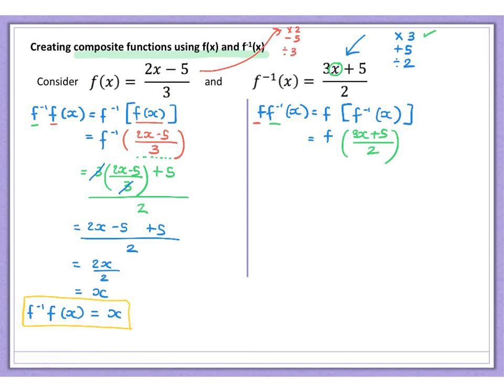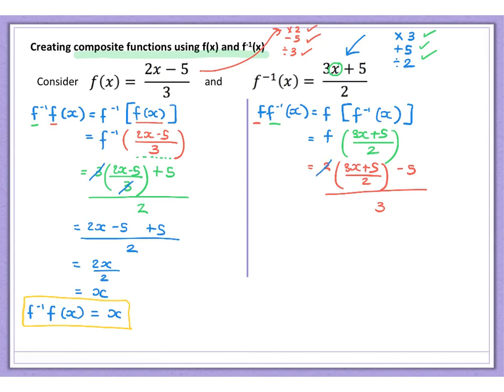So let's follow through all those steps. So multiplying this input (3x + 5)/2 by 2, first step done. We then subtract 5, second step done, and we then divide by 3, third step in place. I think we should have ticked these steps off earlier for the other example. Let's then work through the algebra.